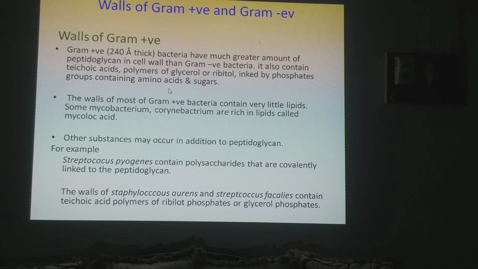Now we will discuss the differences between gram-positive and gram-negative cell walls. The gram-positive bacterial cell wall is thick and has a much greater amount of peptidoglycan than the gram-negative bacteria, and it also contains teichoic acid, polymers of glycerol, ribitol, and phosphate groups.